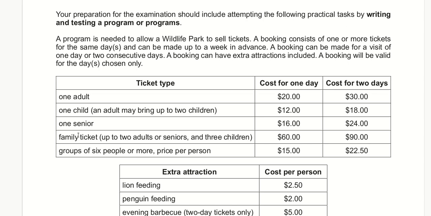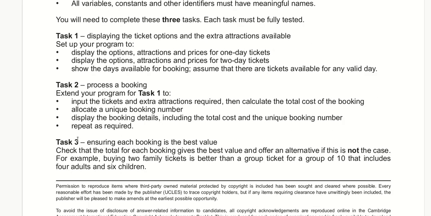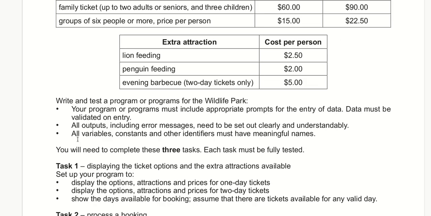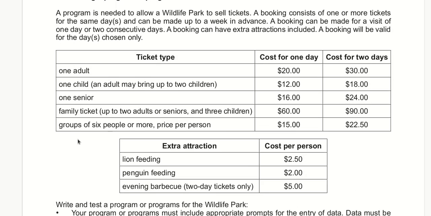What we have to do in task 3 is suggest whether the combination the user has chosen is the best value for money, and if it's not, then we need to write code that would suggest in what combination the tickets should have been purchased by the visitor, so that it gives the best value for money.